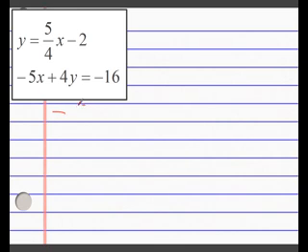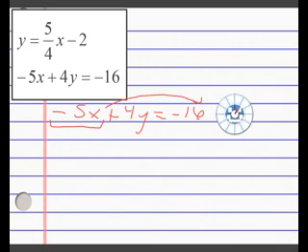So I'm going to write down this equation, and I'm going to begin by moving my x over. My -5x needs to go over to the other side. The way I do that is by performing opposites.